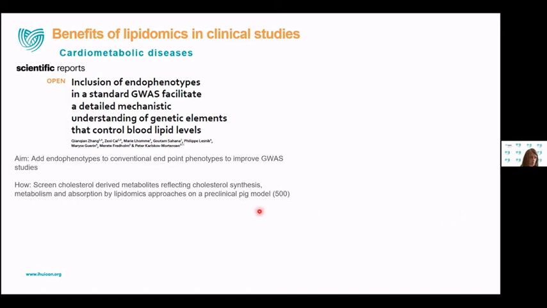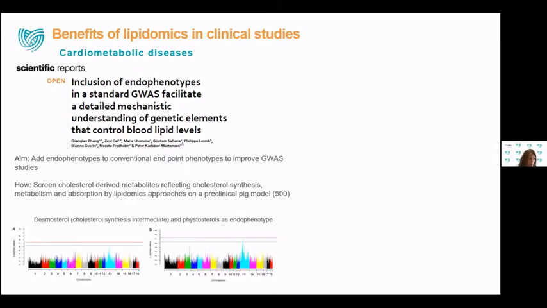And what we aim at doing here in that study, in collaboration with Peter Mortensen in Denmark, is to look at cholesterol-derived metabolites reflecting either cholesterol synthesis, metabolism, or absorption by lipidomic approaches on a preclinical pig model of 500 individuals. And what we've shown is that using these endophenotypes, so desmosterol on one hand, which is cholesterol synthesis intermediate, and the sum of phytosterols on the other hand, we could isolate two GWAS on chromosome 6 and chromosome 13.